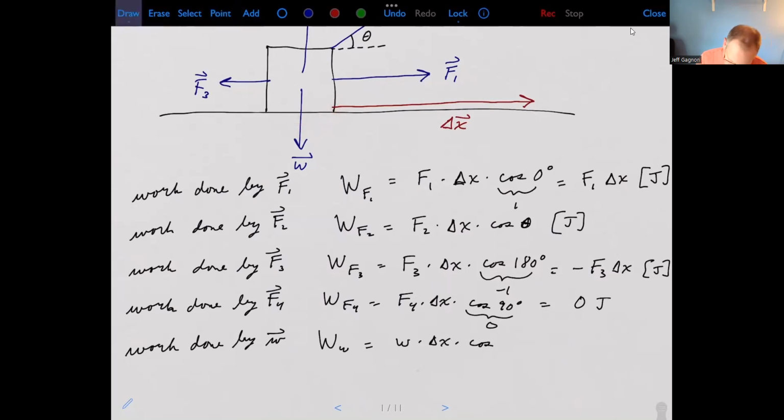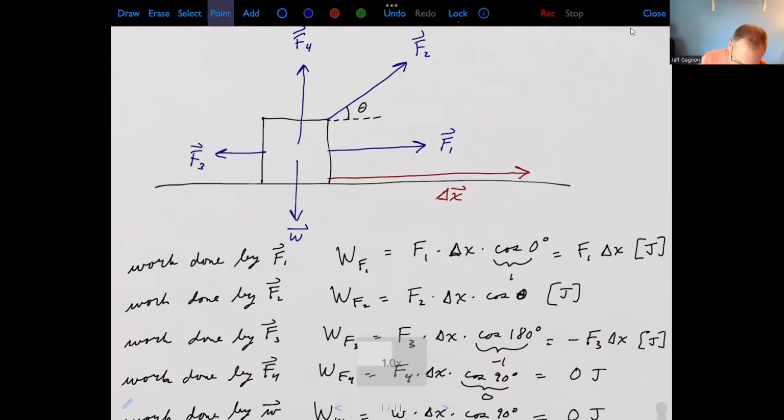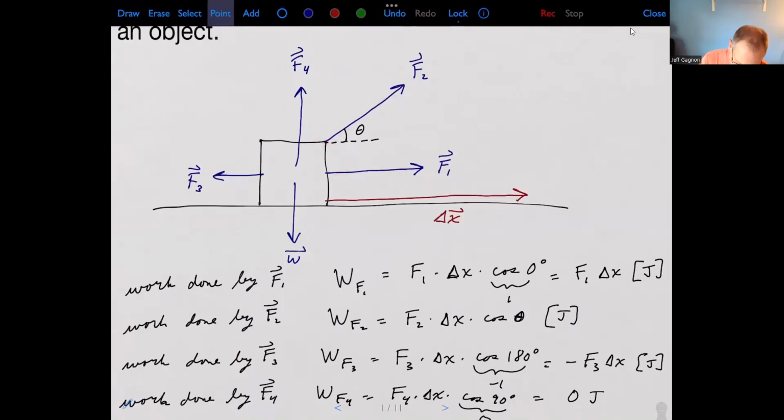That again is 90 degrees. And cosine of 90 is 0. So that force also does no work on the object. So really the only forces that are doing work on this object are F1, F2, and F3. And with F2, it's only the parallel component that does work. These are both positive works, and F3 is going to be negative work.